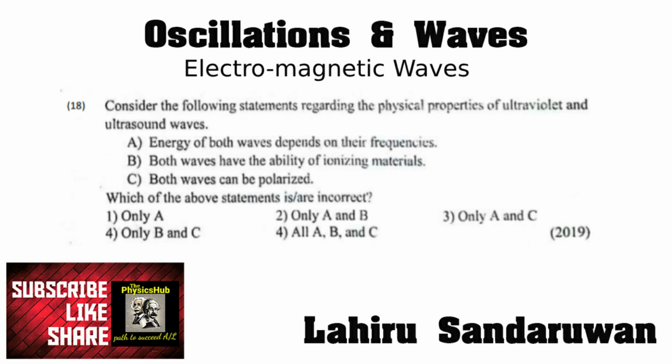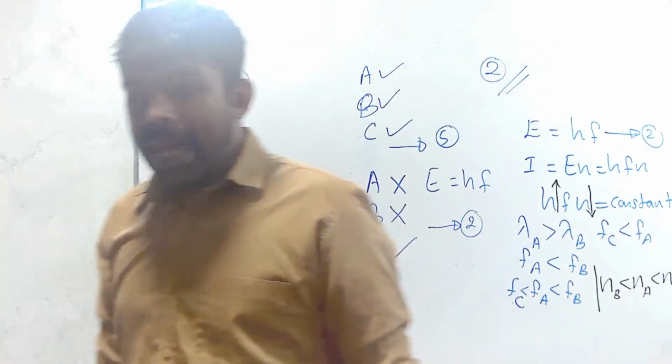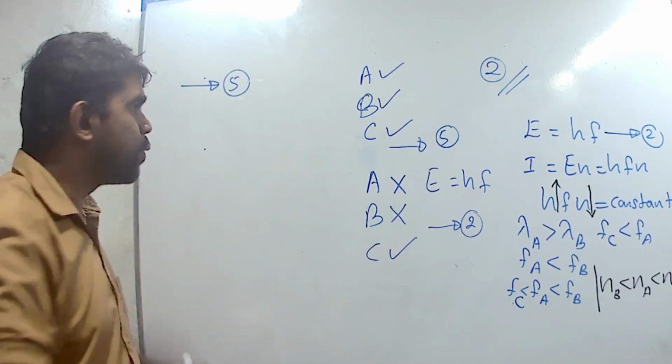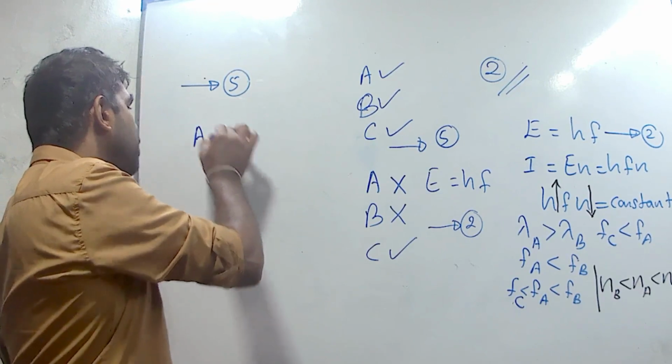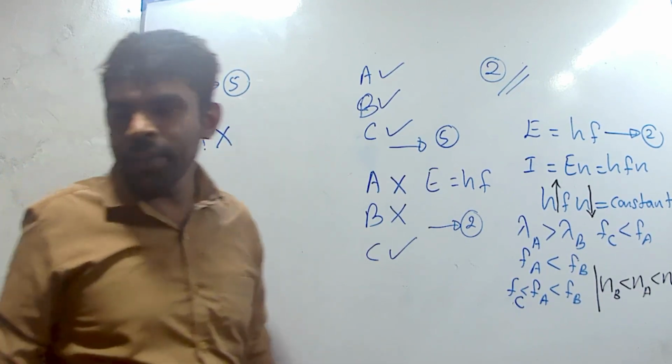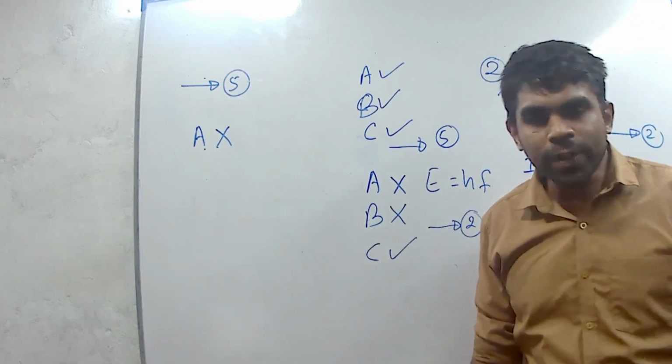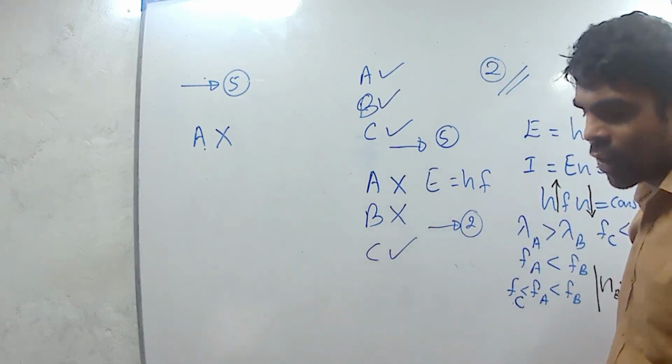Consider the following statements regarding the physical properties of ultraviolet and ultrasound waves. A. Energy of both waves depends on their frequency. No, it is false. Ultraviolet waves are transverse waves, and the energy of transverse waves depends on frequency.